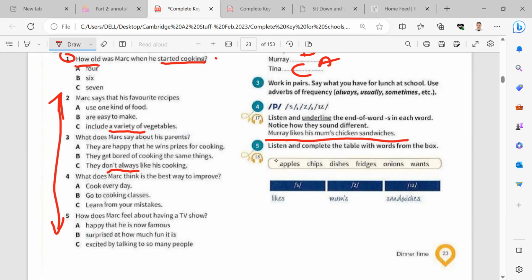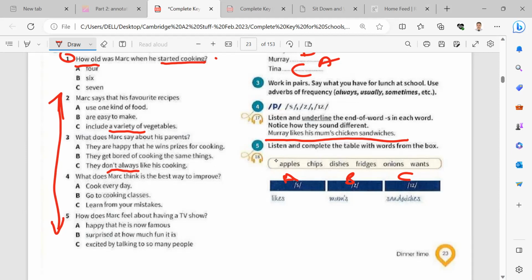Let me write here A, here B, here C. Do you want me to read the words from the box? Yes. Okay. Apples. Where should you write them?